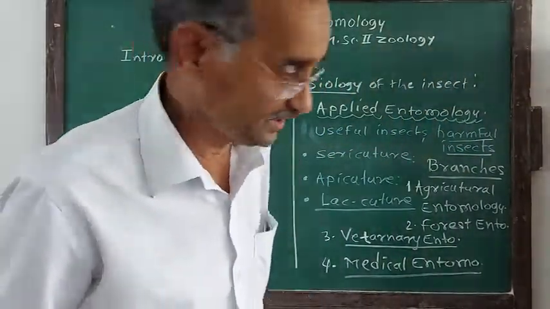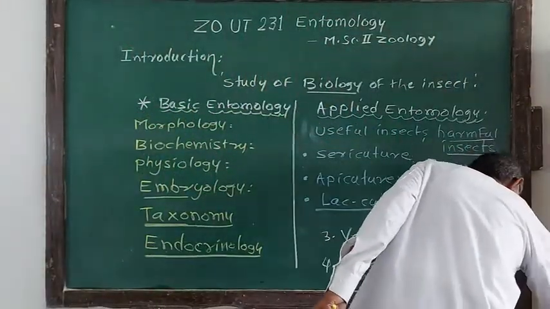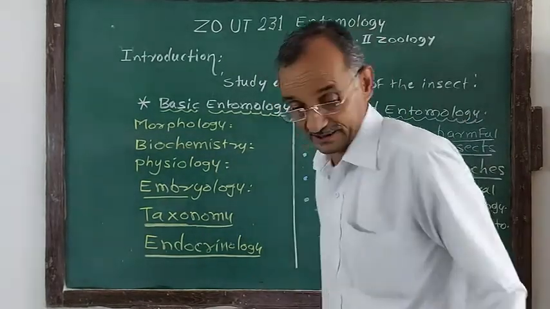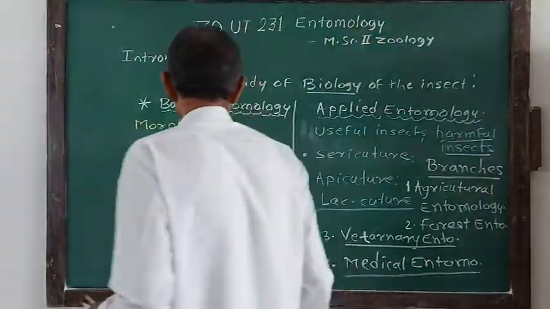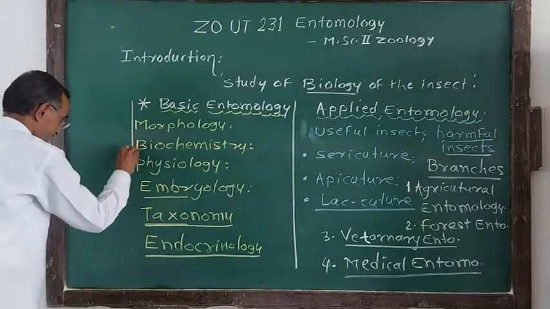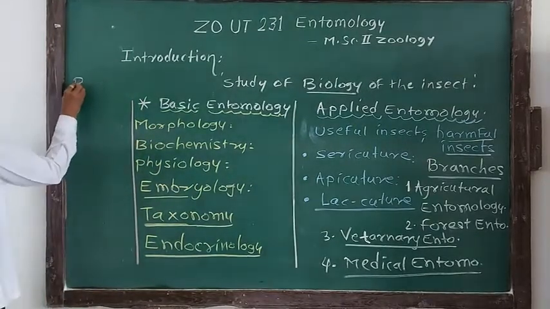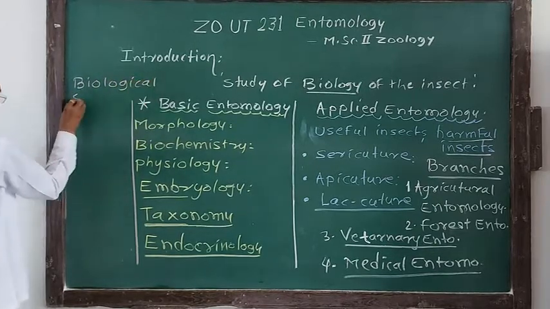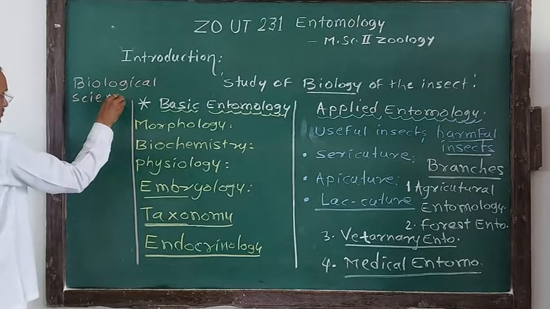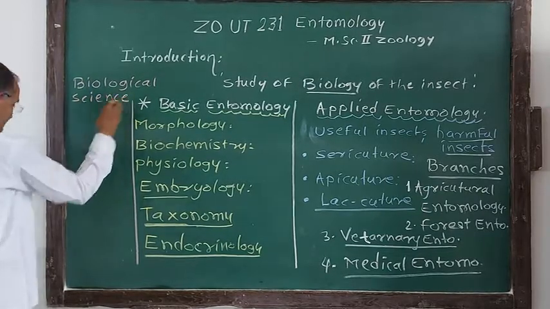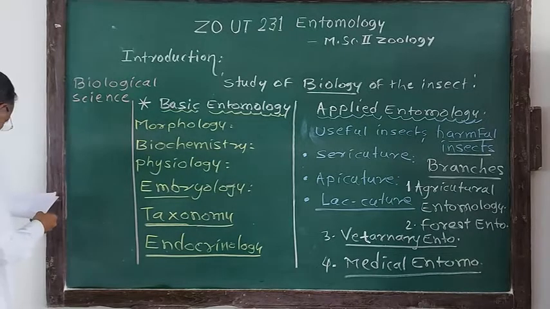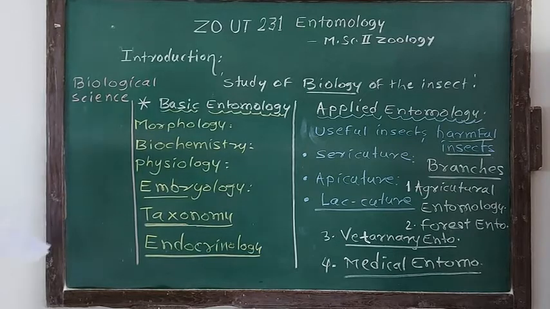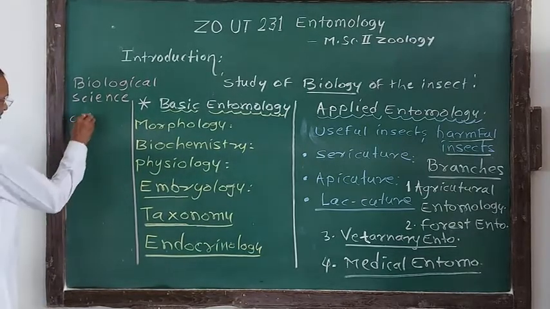Role of insects. There is a major role of these insects in biological sciences. What is the role in biological sciences? I write here, role of insects in biological sciences. The first is cytology.